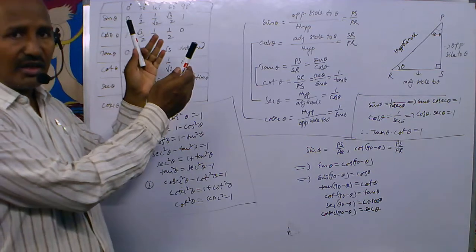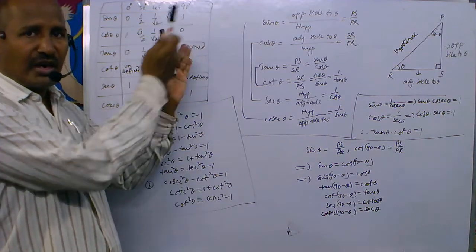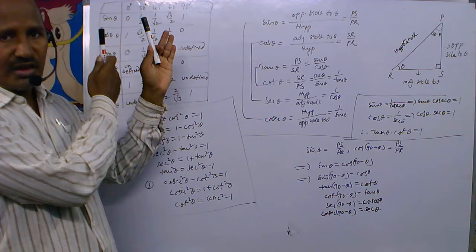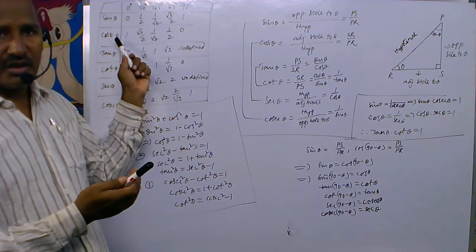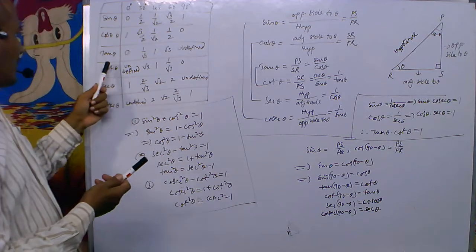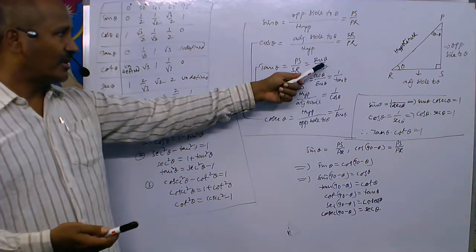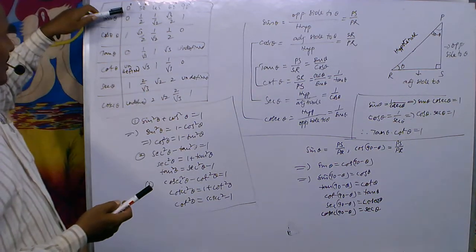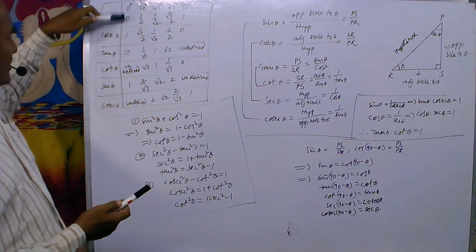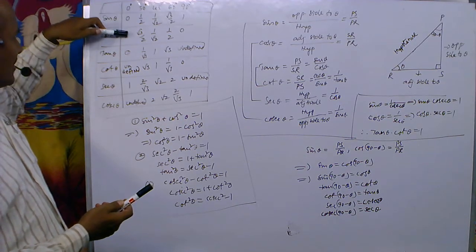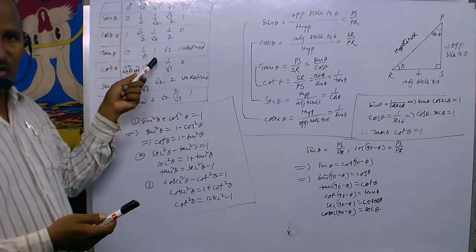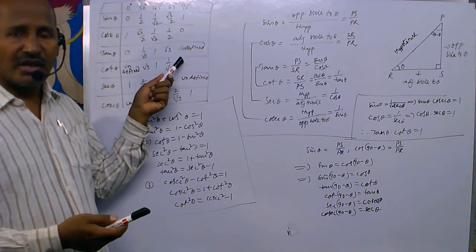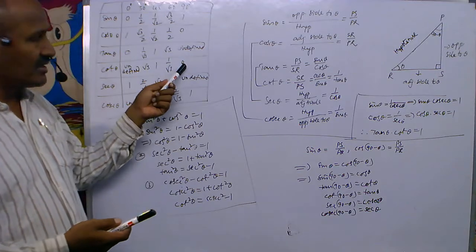So if you take the values of sine from 90 to 0 degrees, we get the values for cos. Similarly, tan theta is equal to sin theta by cos theta. Tan 0 degrees is 0 by 1, we get 0. Similarly, you make these operations and you will get all these values very easily.